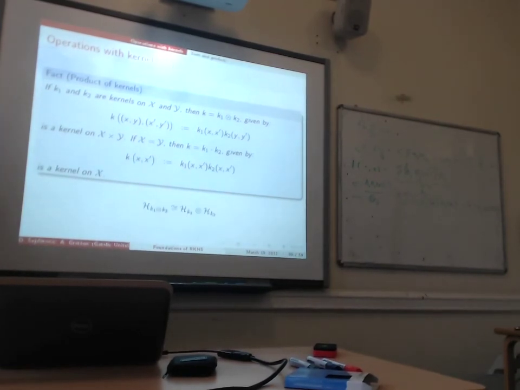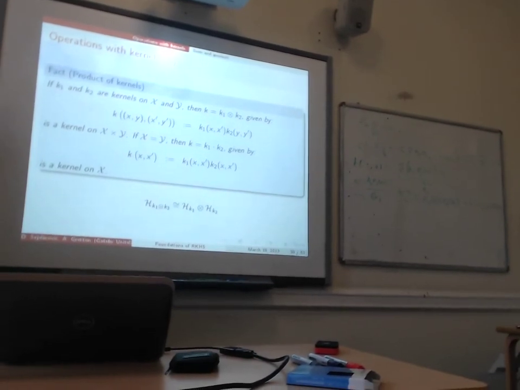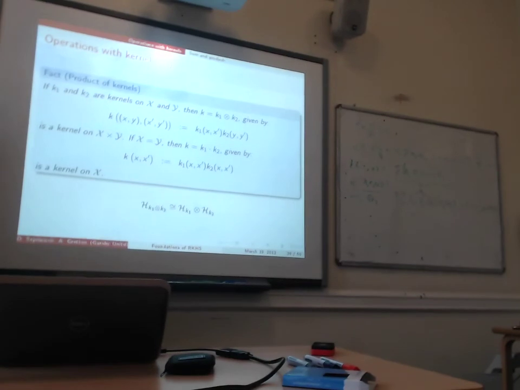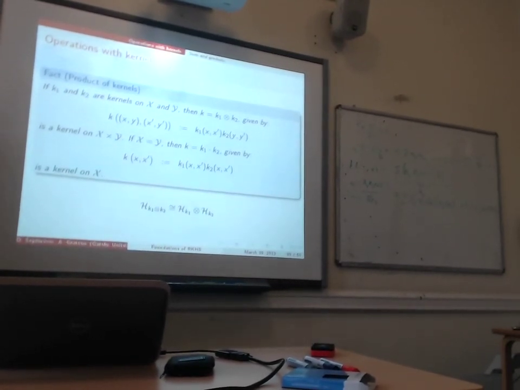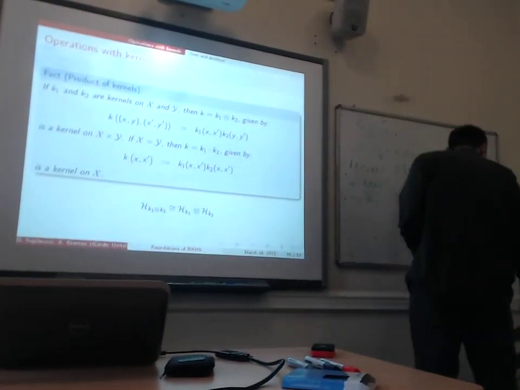And what is that RKHS? Well, it turns out that the RKHS of a product kernel is, in some sense, exactly the tensor product of the individual RKHSs. That doesn't mean anything particularly deep.